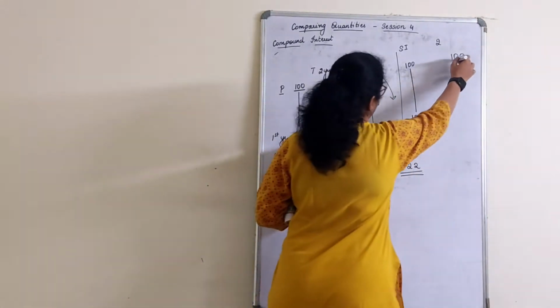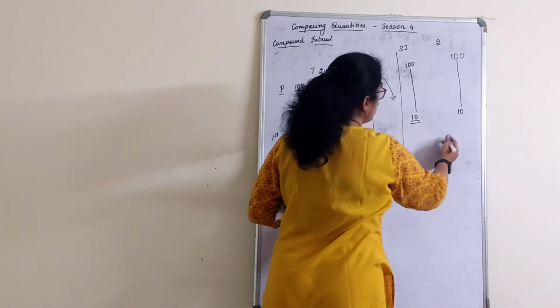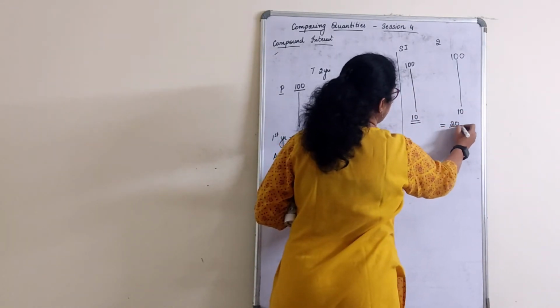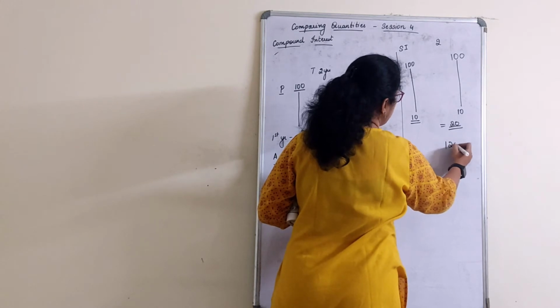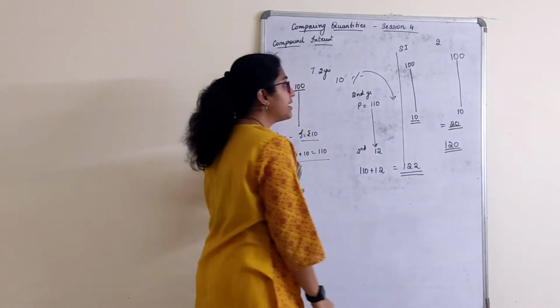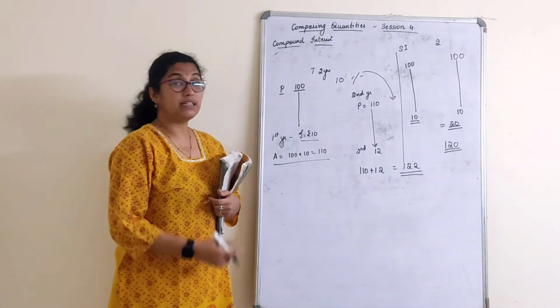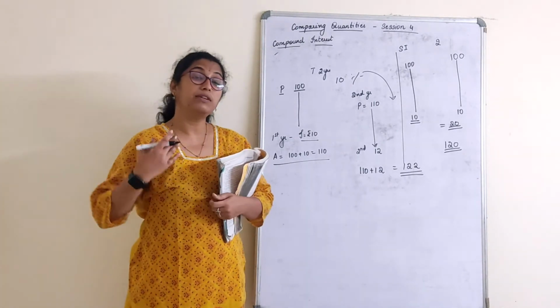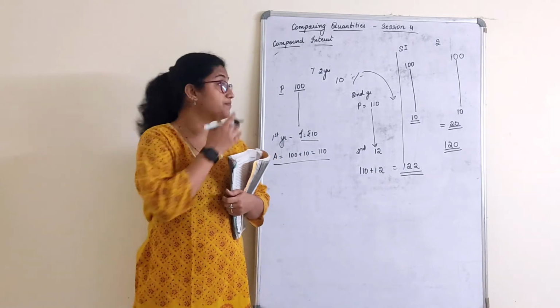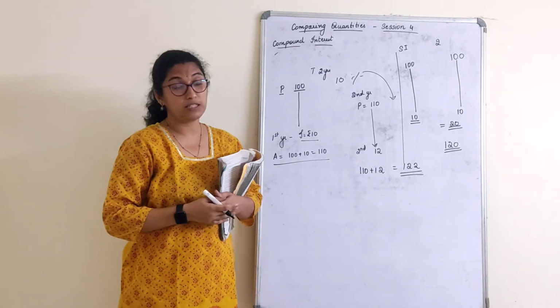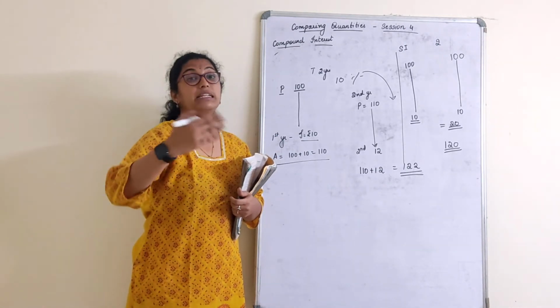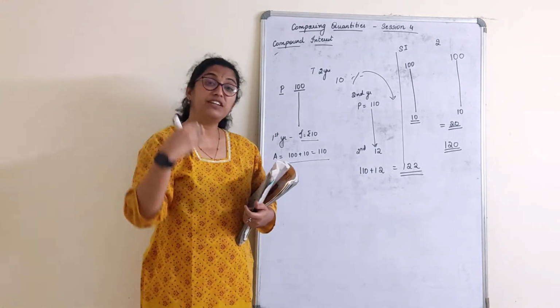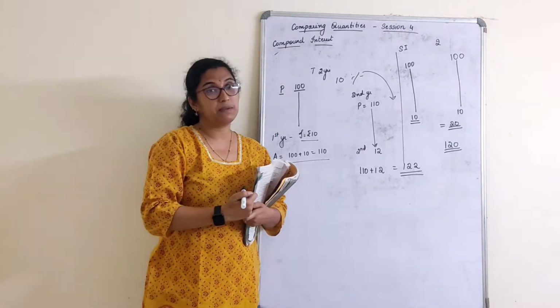Same amount, same interest. In total you got only 20 rupees interest, so finally you got 120 rupees in your hand. But in compound interest you got 122 rupees. So in compound interest, the interest is compounded based on the increased principal. That means interest goes on increasing because the first year's interest adds up to your principal amount.